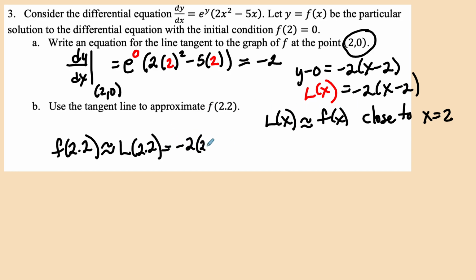I'm going to put 2.2 in for x, and then this is going to be negative 2 times 0.2, and so the answer is negative 0.4. And negative 0.4 is the approximate value. I don't have to say overestimate or underestimate because I really don't know what the concavity is.